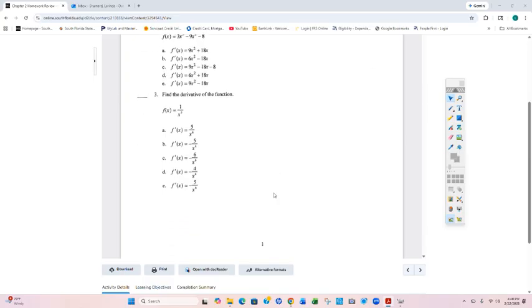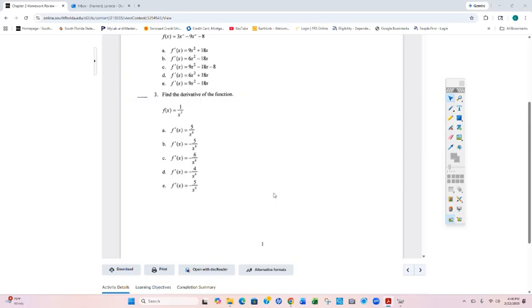Question 3. Find the derivative of the function f of x equals, this is a fraction, the numerator is 1, the denominator is x to the 5th power. Answer A, f prime of x equals 5 over x to the 6. Answer B, f prime of x equals negative 5 over x to the 4th.